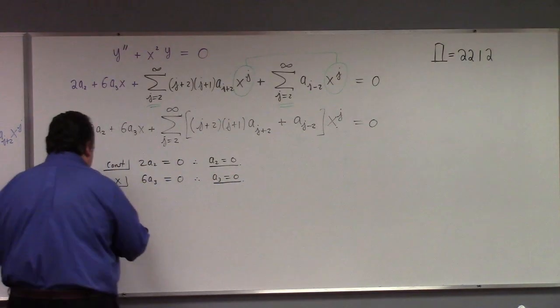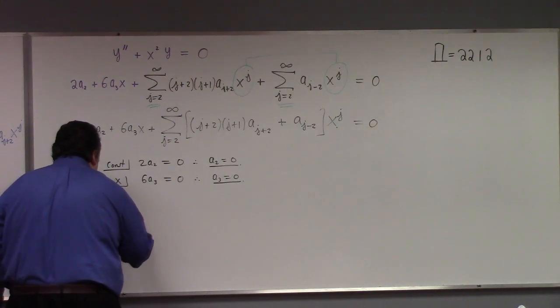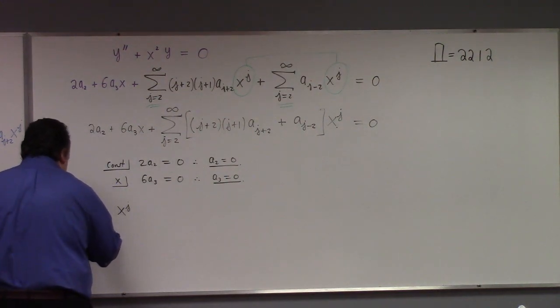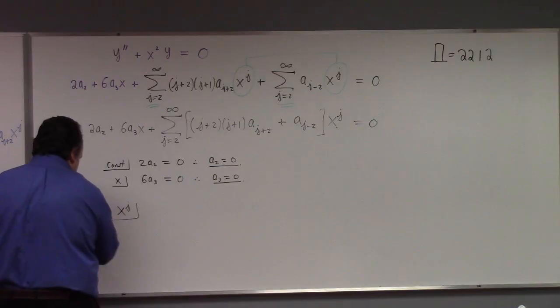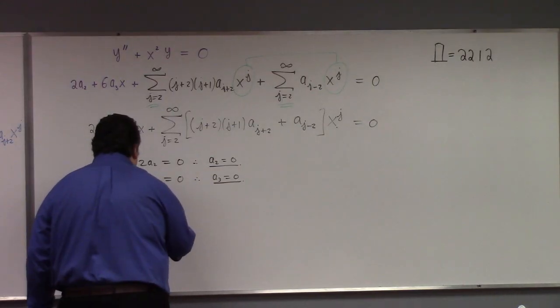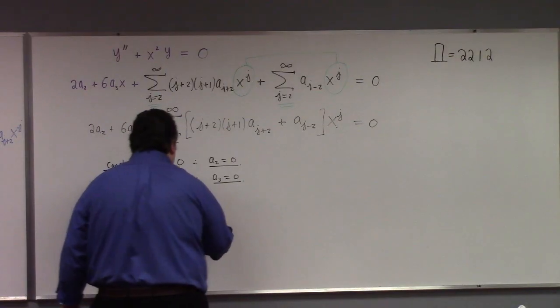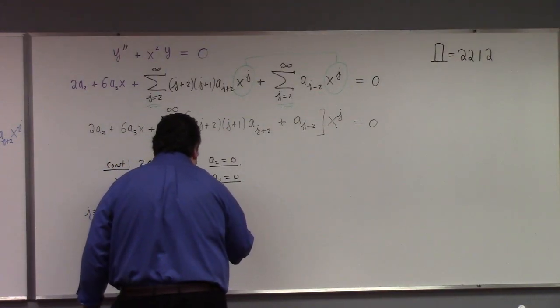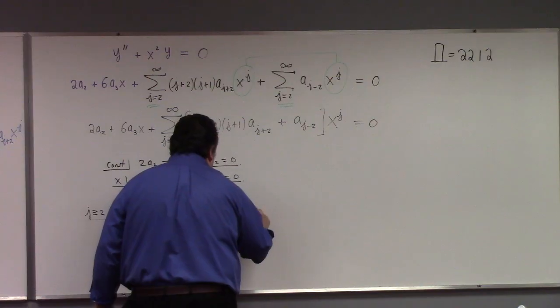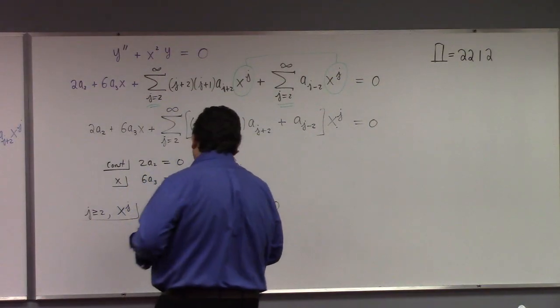And then x to the power j, for j greater than or equal to 2, we have j plus 2 times j plus 1, a sub j plus 2 plus a sub j minus 2 is equal to 0.